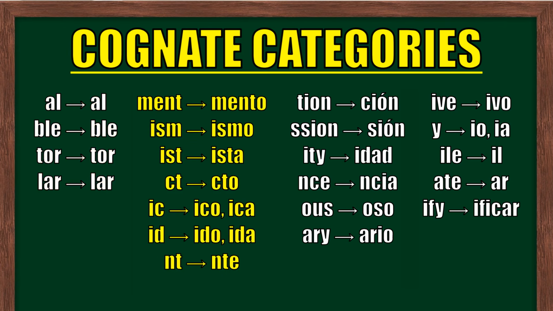Then we have the categories in which we just add a letter to the end. We have ment to mento, ism to ismo, ist to ista, CT to CTO, ic to ico or ica, id to ido, and NT to NTE. As you can see, in all of these categories, we just add a letter to the end.